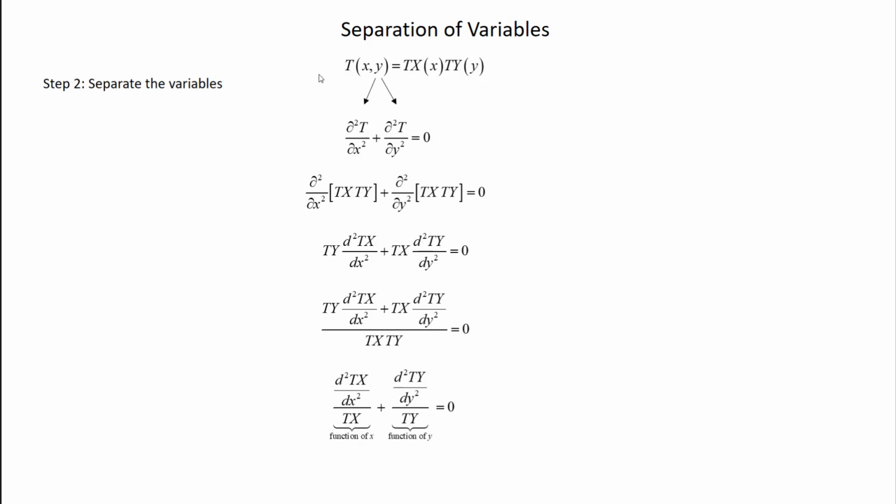I'm making this assumption, and then I'm just going to go with it, right? So I substitute this into here. I have the second derivative of T with respect to x, and I have the second derivative of T with respect to y. So for T here, I put T_x times T_y, and for T here, I put T_x times T_y. Let me get my pen.